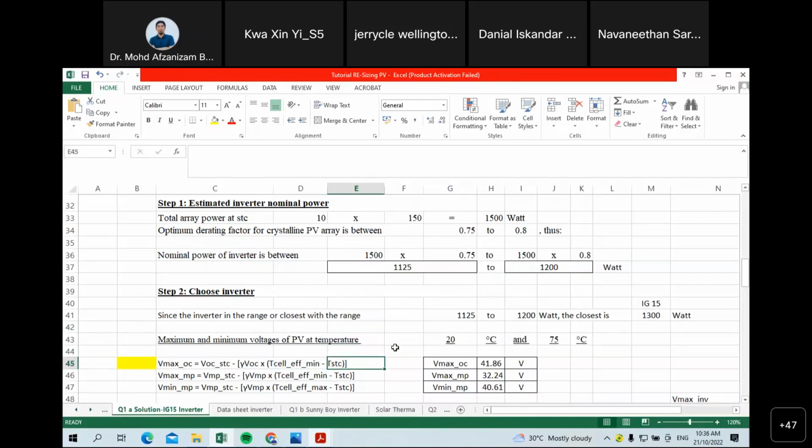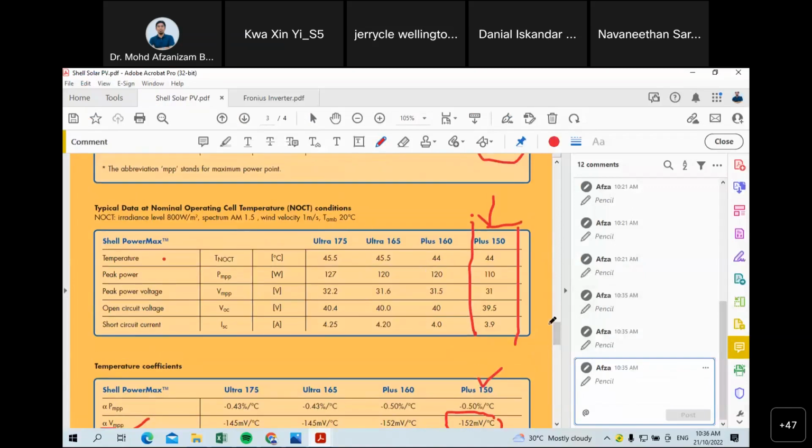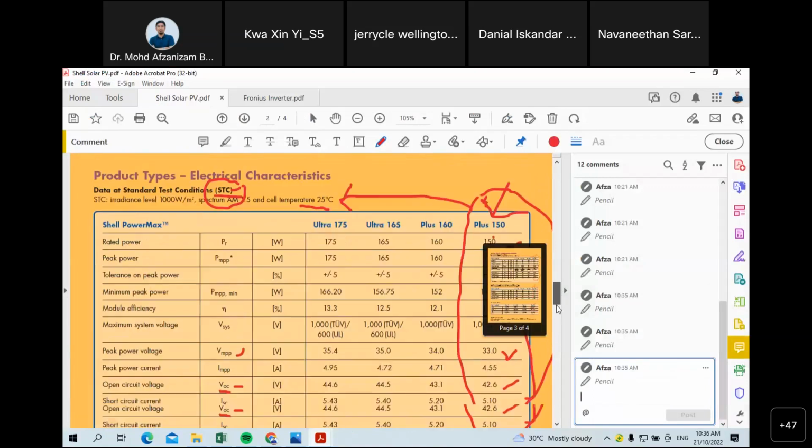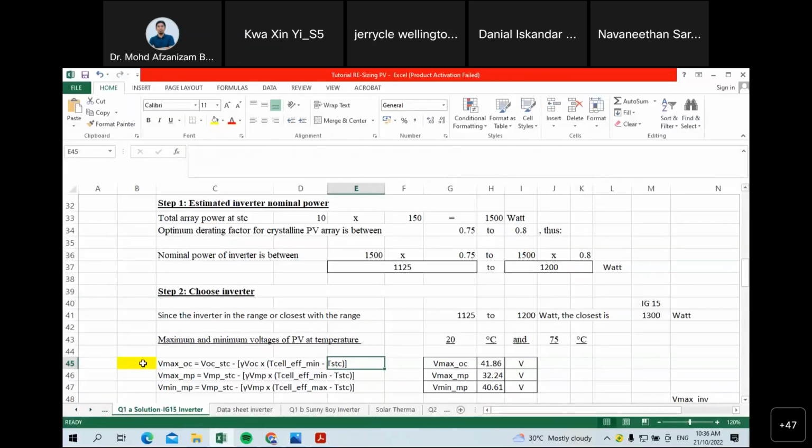What's the TSTC? TSTC is this one, 25. This yellow in color line, do you guys understand?